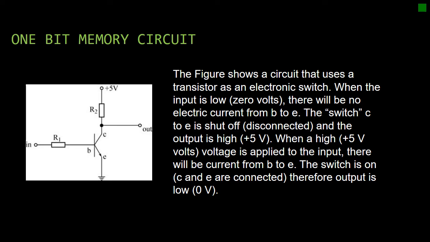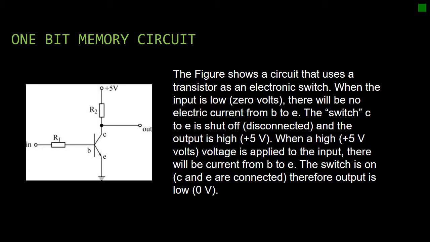When the input is low, or 0 volts, there will be no current flowing from B to E. Therefore, the switch from C to E will be shut off and disconnected. So therefore, the output will be high.